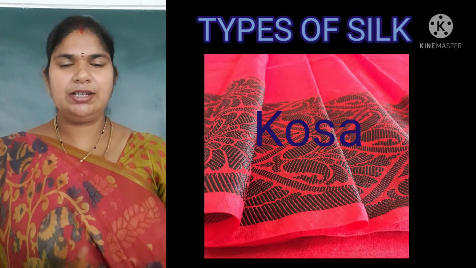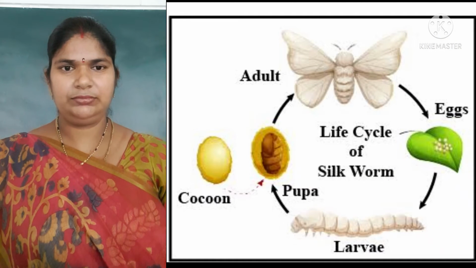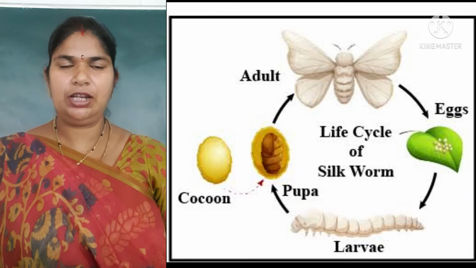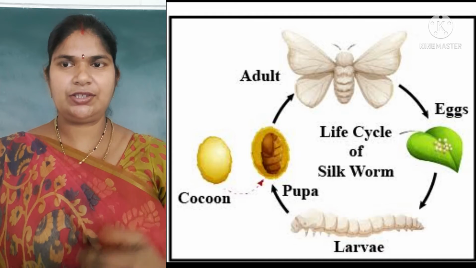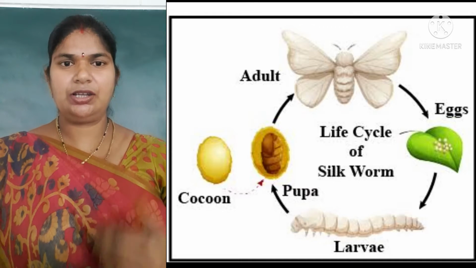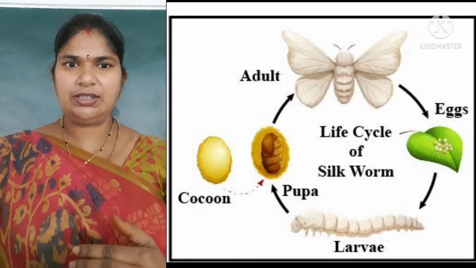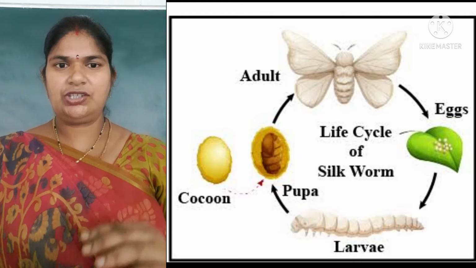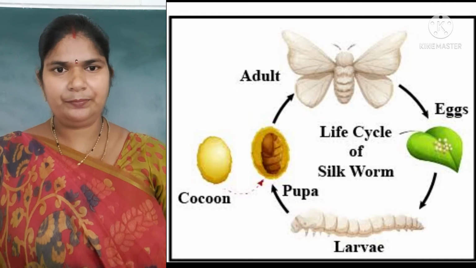Okay, so let us learn about the life cycle of silkworm. There are 4 stages in the life cycle of silkworm: egg stage, larval stage, pupa stage, adult stage. The female silk moth starts laying eggs, which hatch into larvae called caterpillars.